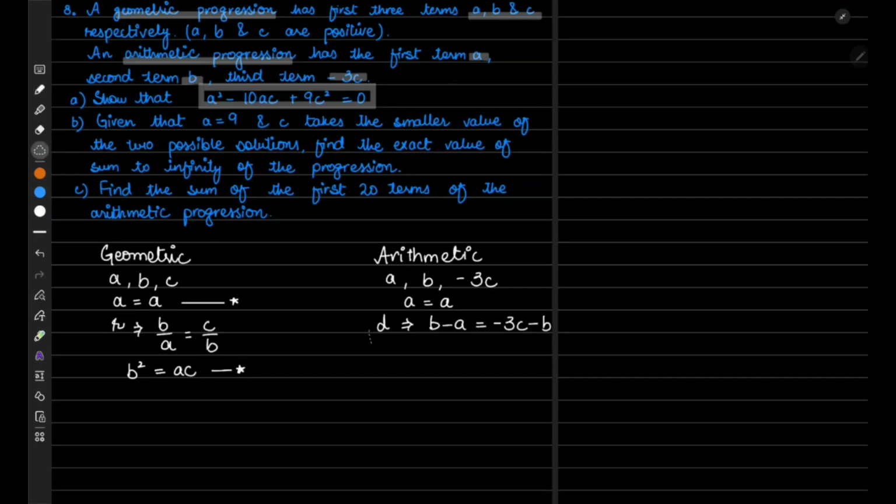The same I have done for the geometric, where I said that the second term over first term will be the common ratio, and that will be equal to the third term divided by the second term. I hope you understand this.